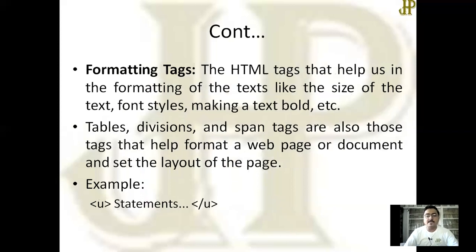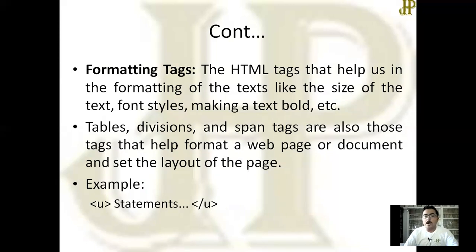Next one is formatting tags. The tags that are related to formatting, whether that formatting is related to text or your web page, are all kept in the category of formatting tags. Okay, such as font style, text size, tables, division, or layout of the page.